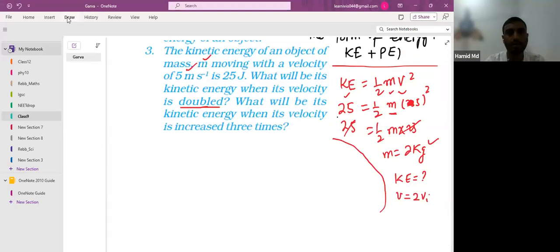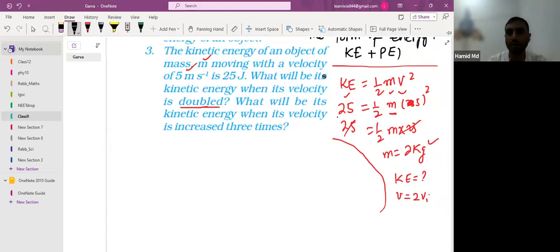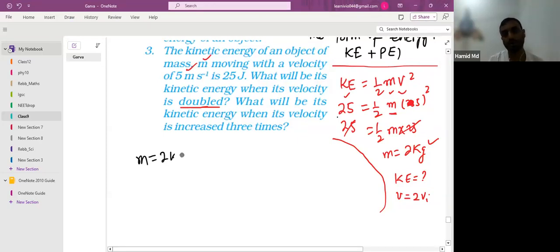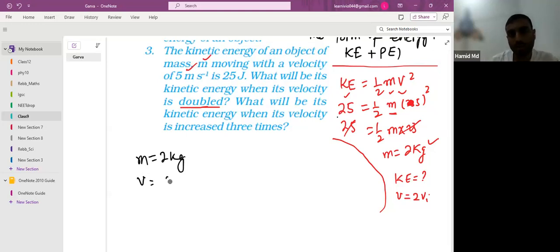See what solution we have. We got mass equal to 2 kg. V is given as 5 meters per second, right? In this part it says that V becomes double, so V prime is 2 times V. Double means 2 into 5, so this will be 10 meters per second.